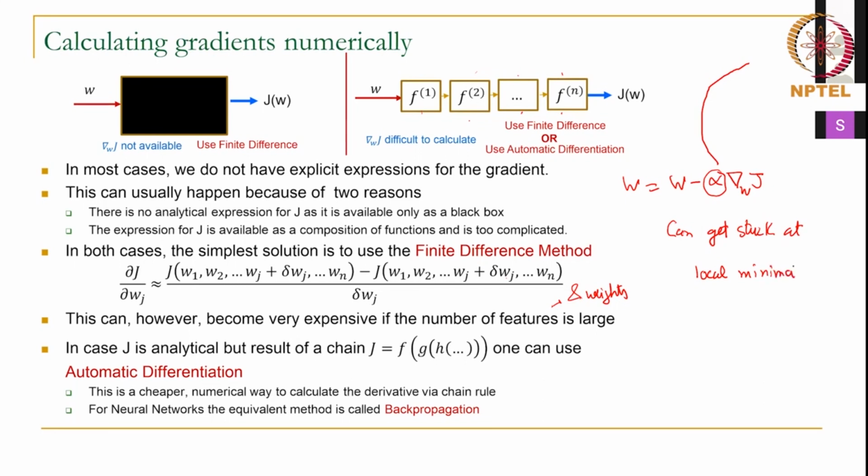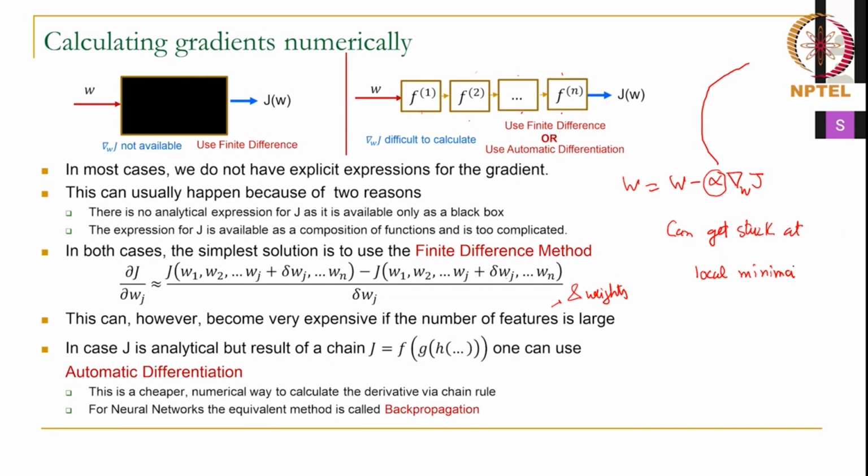Why? Linear regression is analytical, sir. No, you can have an analytical function. It can get stuck with any sorts of things. There is only one minimum. That is the correct point. The right point is that in case of linear regression, you have only one minimum.